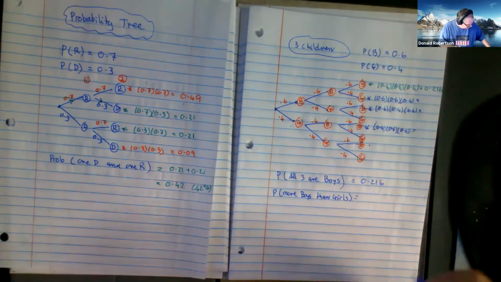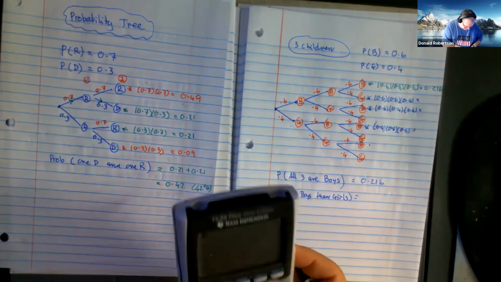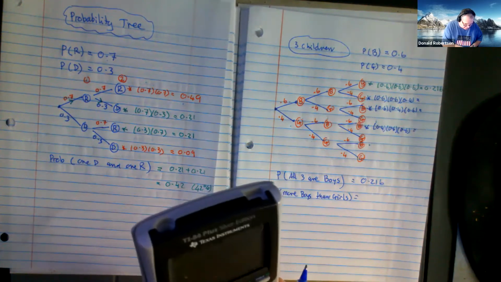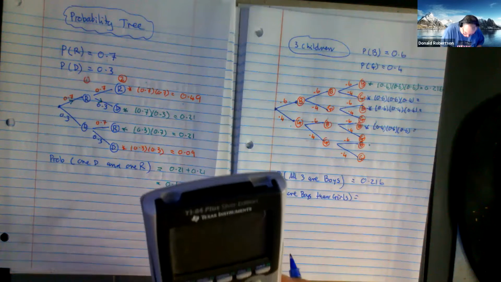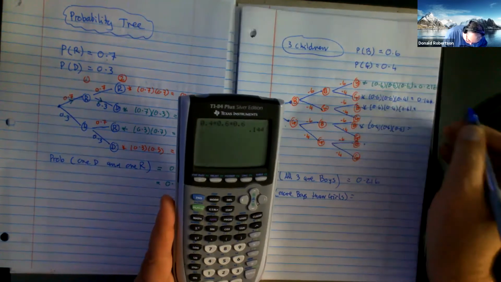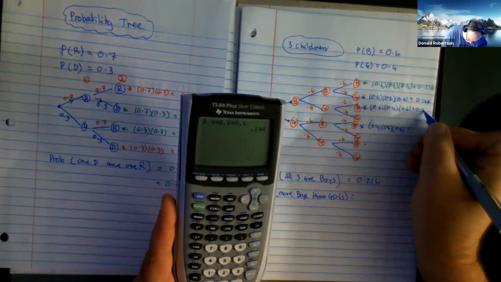And I'll do those guys and see what we get. 0.4, 0.6, 0.6, and we get 0.144. Actually, we get 0.144 for all of them.